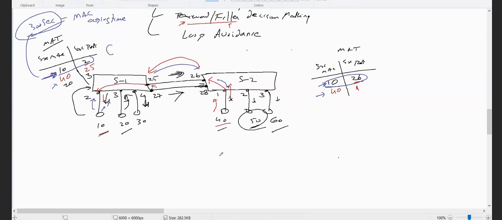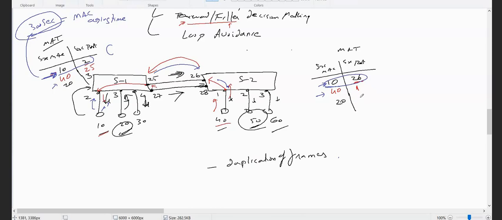Because I have two links connecting switch 1 to switch 2, the very first problem I'm facing is duplication of the frames. When the frame comes here, it is coming 2 times. The source MAC address is 20, trying to communicate to 50. And what will be the source port number?